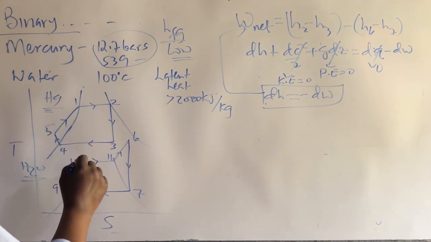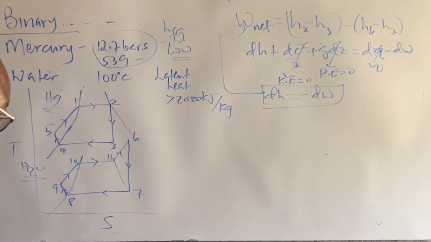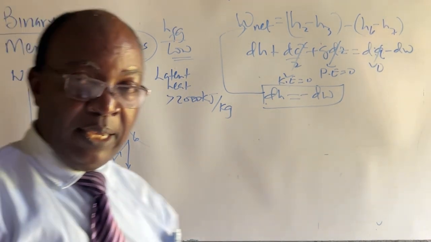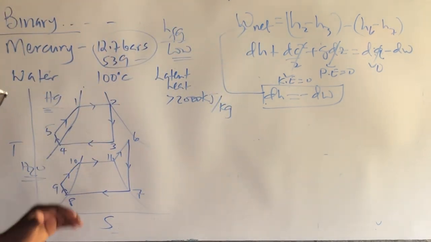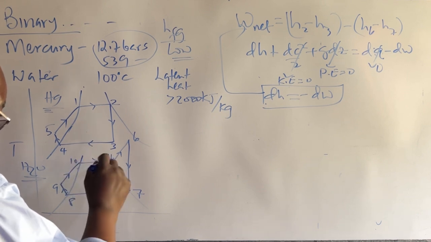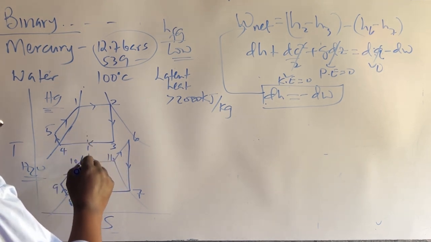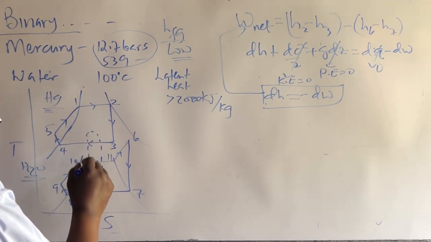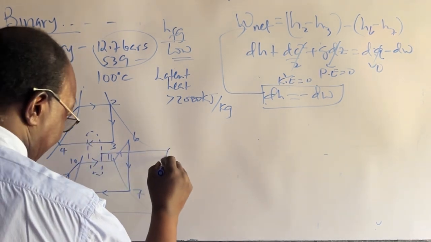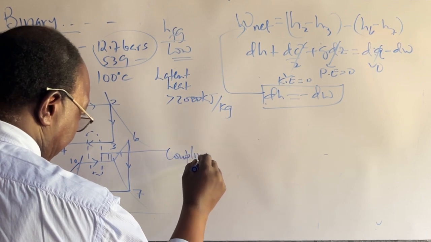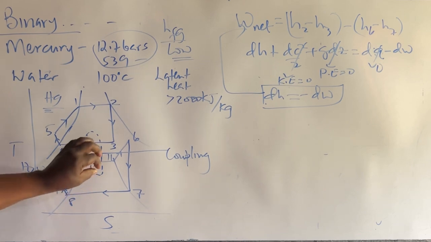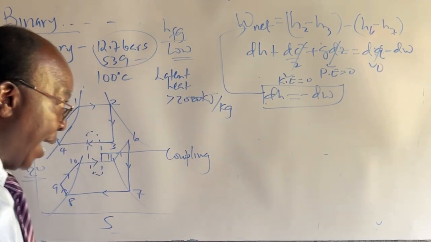That heat which is released from the condensation process of the mercury vapor, as it is being cooled, can be used to heat this steam at this high pressure here. So we have a coupling between those two cycles. Let's indicate the coupling. That heat which is extracted from the cooling of the mercury vapor can be used to heat our steam, which is relatively also at high pressure.